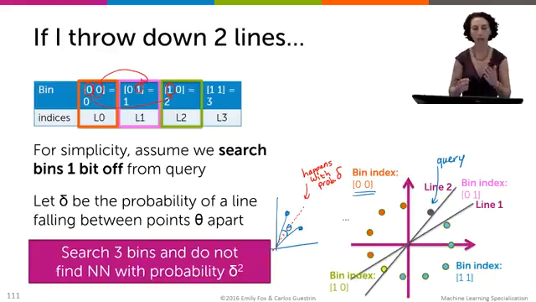And what's the chance of getting 2 lines within a region theta? Well, these 2 lines are drawn independently and each had probability delta of falling in that theta range. So we have delta times delta, which is delta squared.